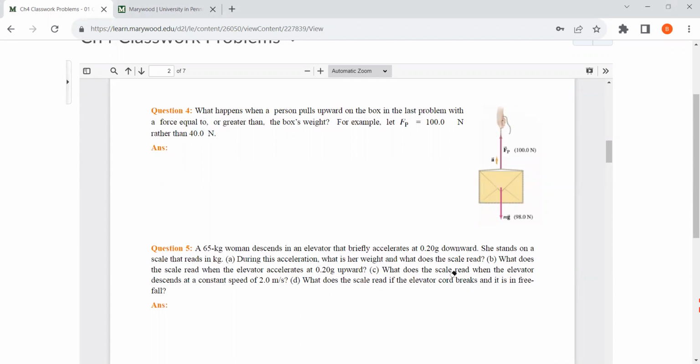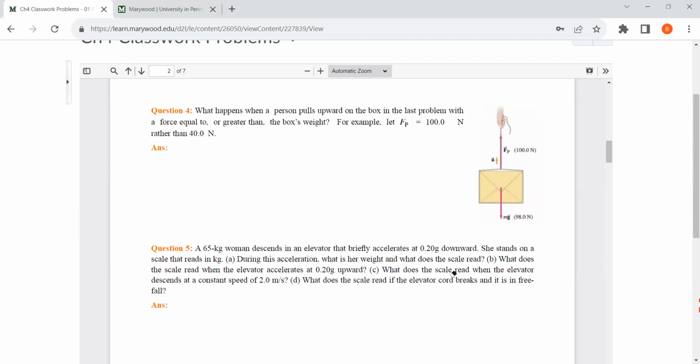As you know, if the box's weight is 98 Newton, you need a force higher than 98 Newton. If it is below that, you cannot move it, and it will still be on the table. But if the force is more than that, it will no longer be on the table, it will be moving upward.